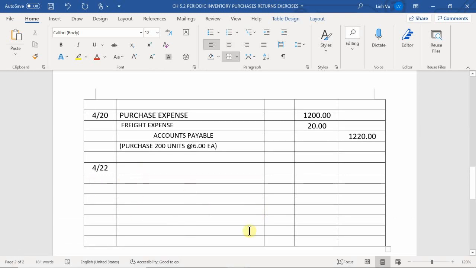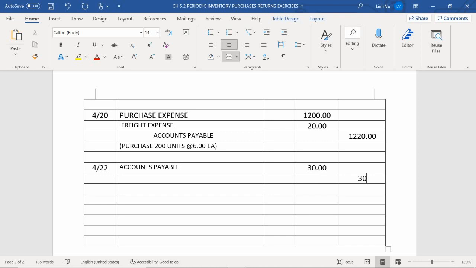Not 180. What's 20%? Okay, so you solved 25 times $6. What is that? 150. What's 20% of 150? $30. Because that's 180.